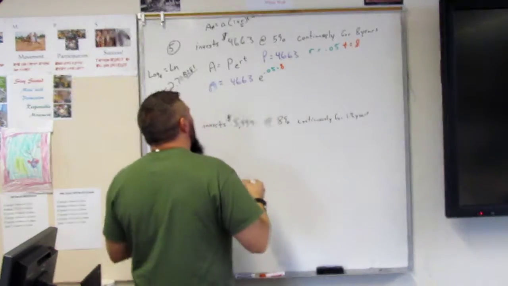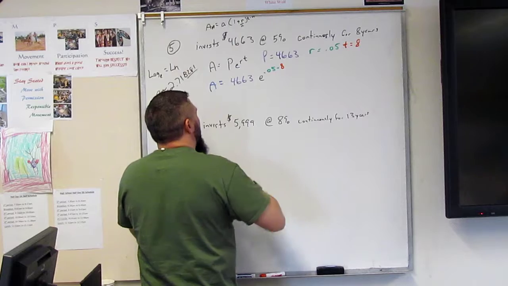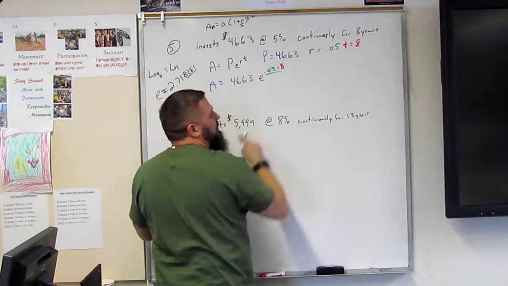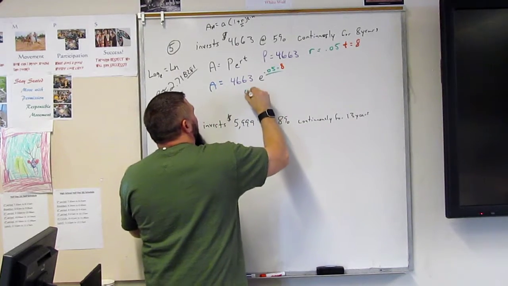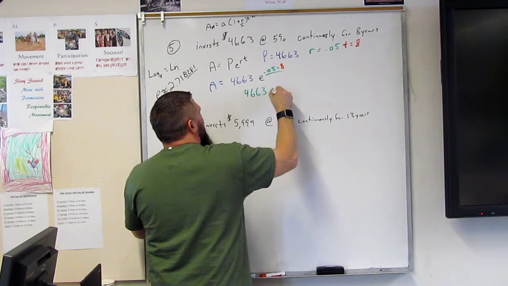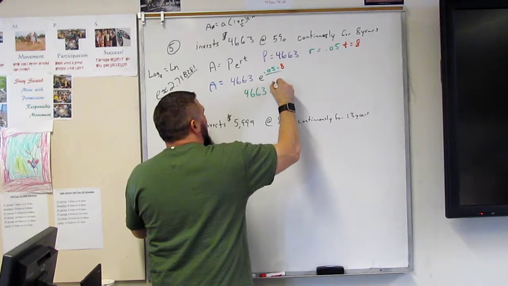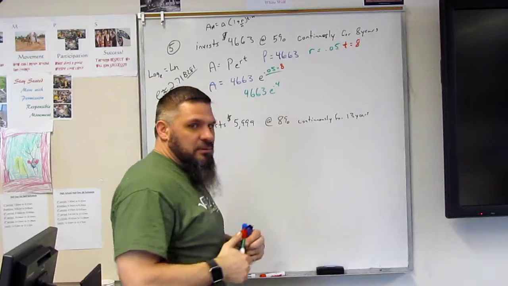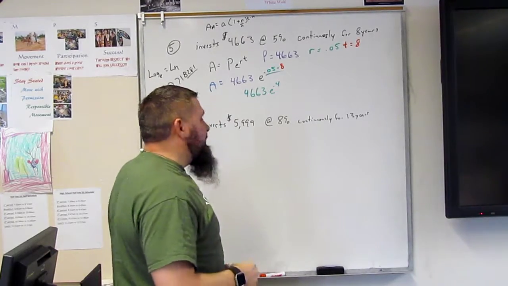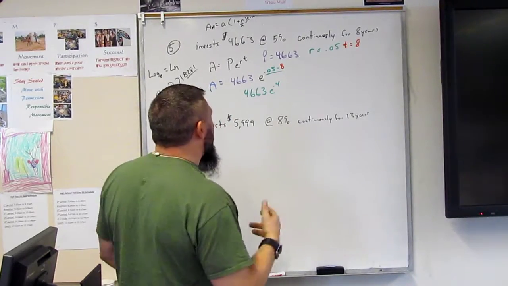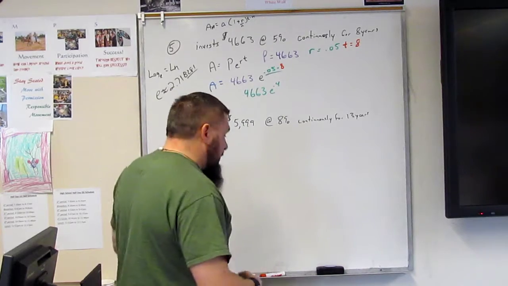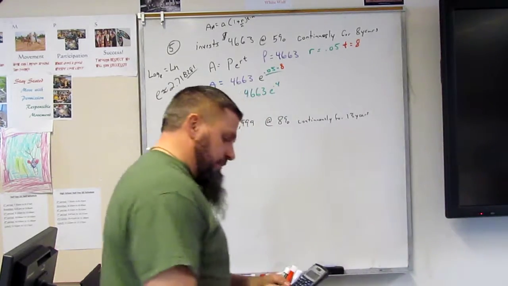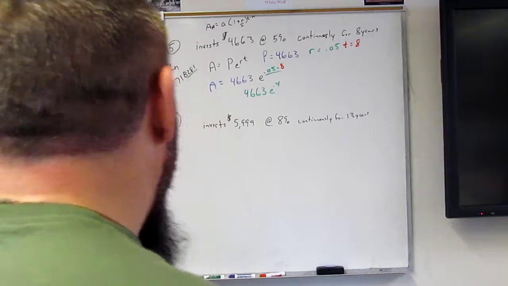So when we look at that, we can just do that math really quick. That's 4663 times e to the 0.4, because 8 times 5 is 40, and we move the decimal over twice. And then we just plug that in our calculator.